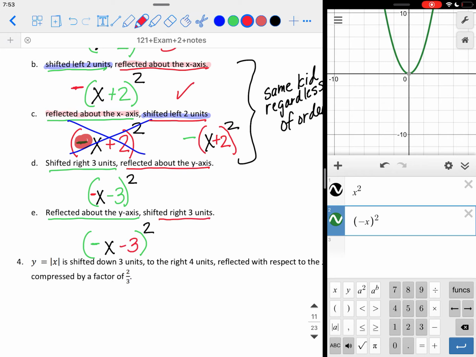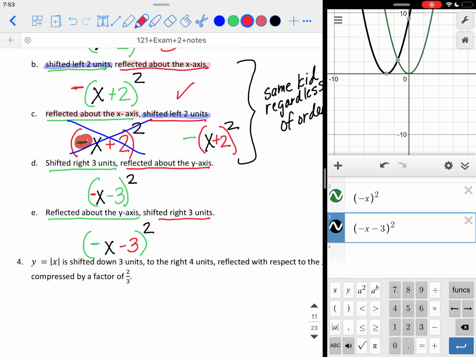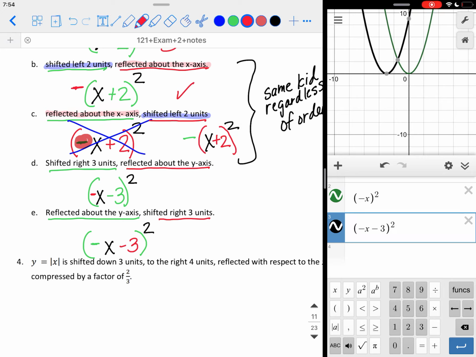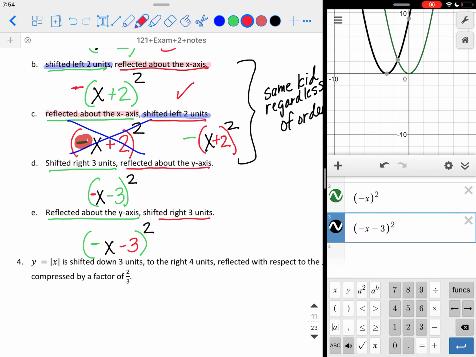Let's see if that's the case. So here I go: parentheses -x -3, close it and square it. Well, there's my kid in utero, and there's my kid that's supposed to be born, shifted 3 units to the right. And it's not, it's 3 units to the left. So it's not right.